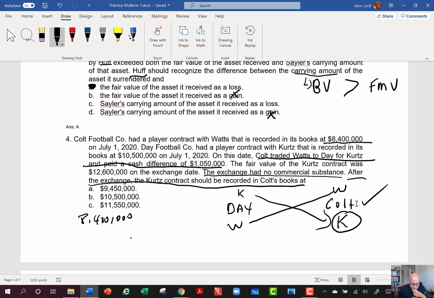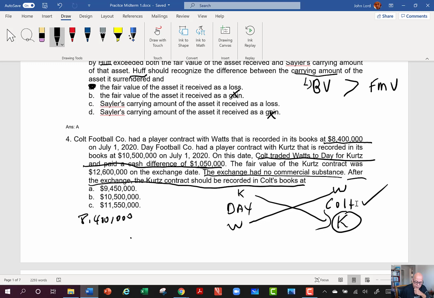They tell us what Day's contract with Kurtz was recorded at on their books, which is not really relevant here because we're not doing any of Day's accounting. We're doing Colt's accounting. The fair value of the Kurtz contract, $10,500,000 on July 1st. Colt traded Watts today for Kurtz and paid cash of $1,050,000.